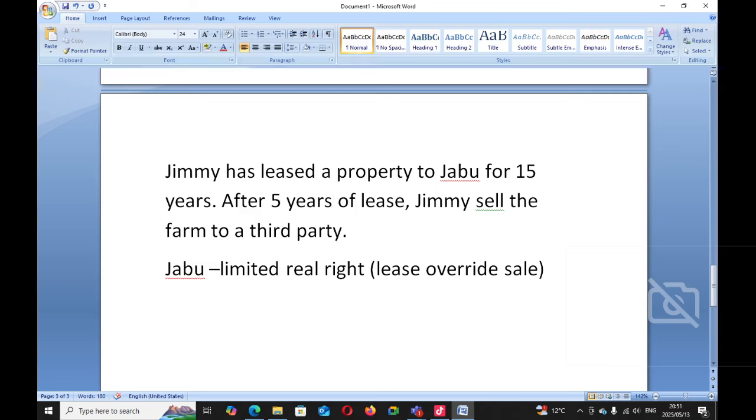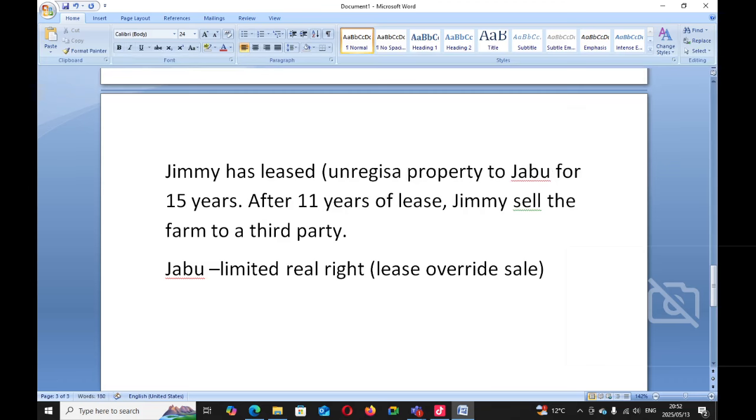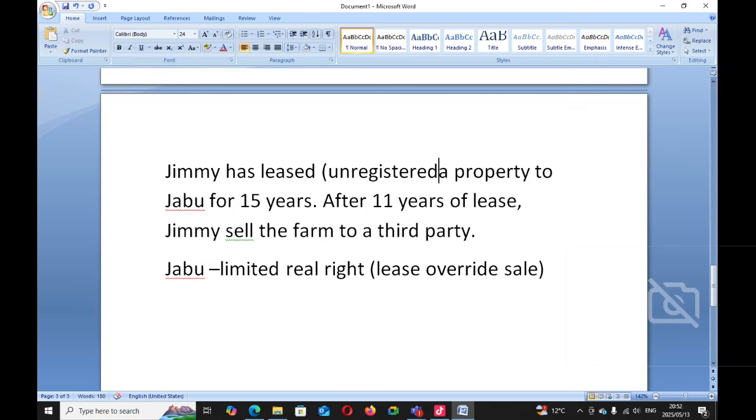Now, let's look at this scenario. Let's just say Jimmy has leased the property to Jabu for 15 years. After 11 years of lease, Jimmy sells the farm to a third party. Now, we assume we are talking about an unregistered lease, a lease that is not registered.